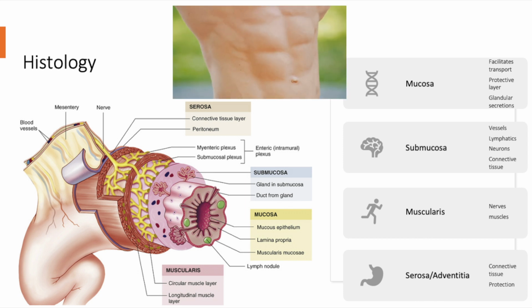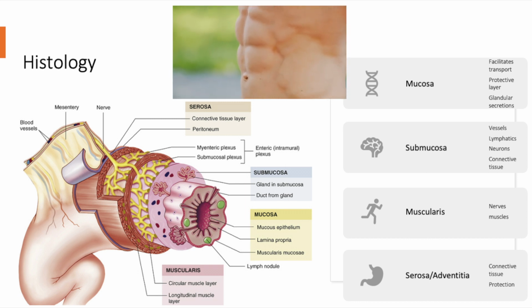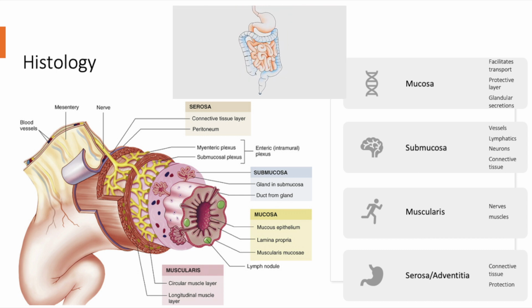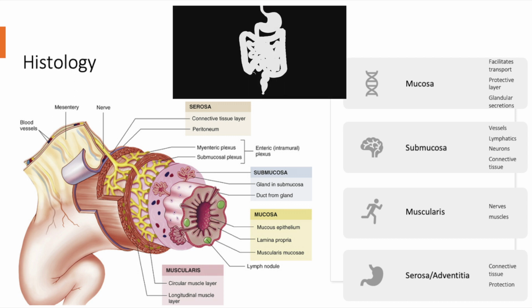These may be voluntary striated muscle or involuntary smooth muscle, and forms a circular layer and a longitudinal layer. Lastly, we have the serosa or adventitia, which contains primarily connective tissue, holding the tract in place within the body and providing protection from damage.